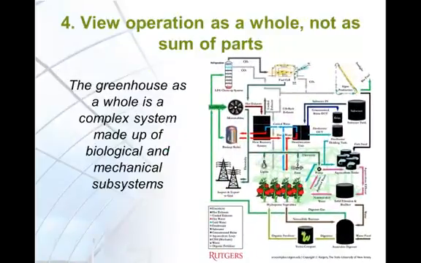Objective 4 is to view an operation as a whole, not as a sum of parts. The greenhouse as a whole is a complex system made up of biological and mechanical subsystems. Subsystems are deeply interrelated and must function together for a successful crop production.